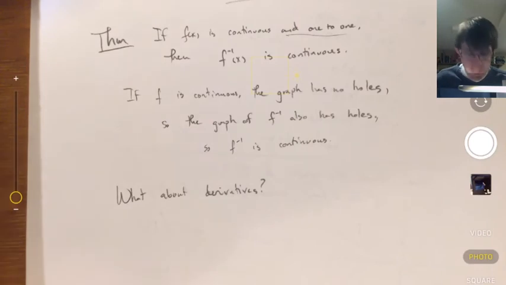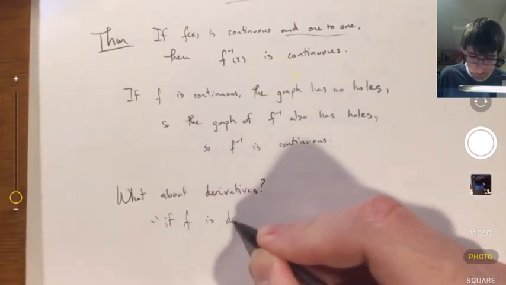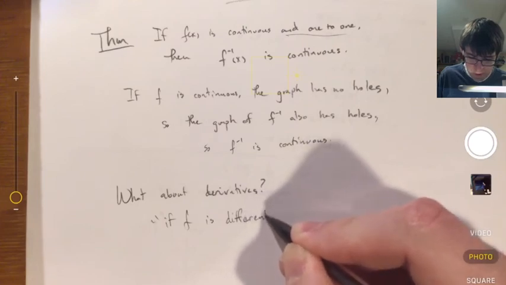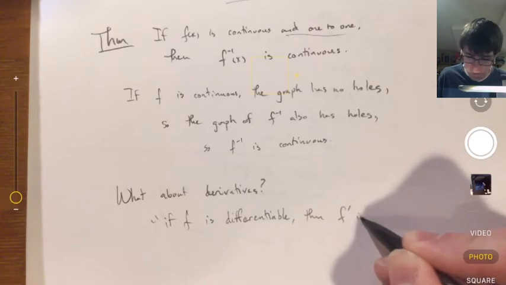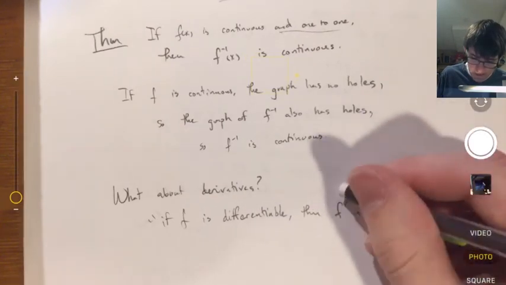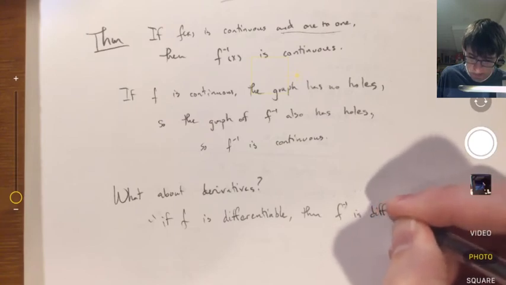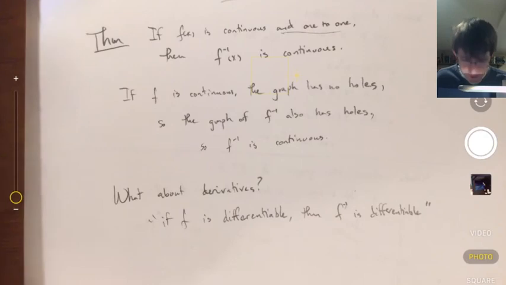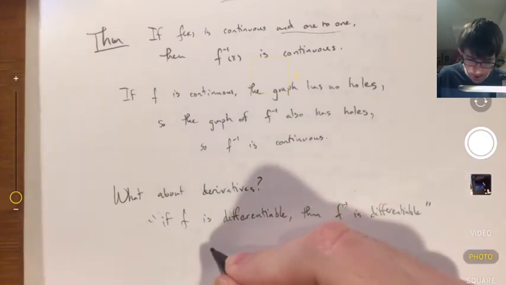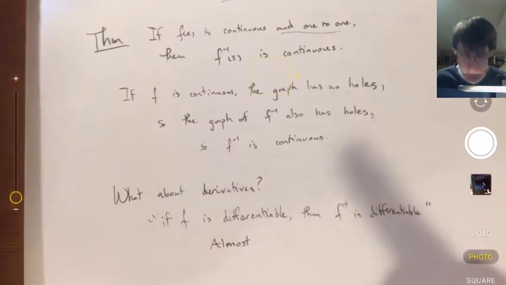What I would like to say is if f is differentiable, that means the derivative exists, then f inverse, not prime, f inverse is differentiable. Is that really true? I'm going to say this is almost true. That's why I put it in quotes. It's not quite true as I wrote it right there.